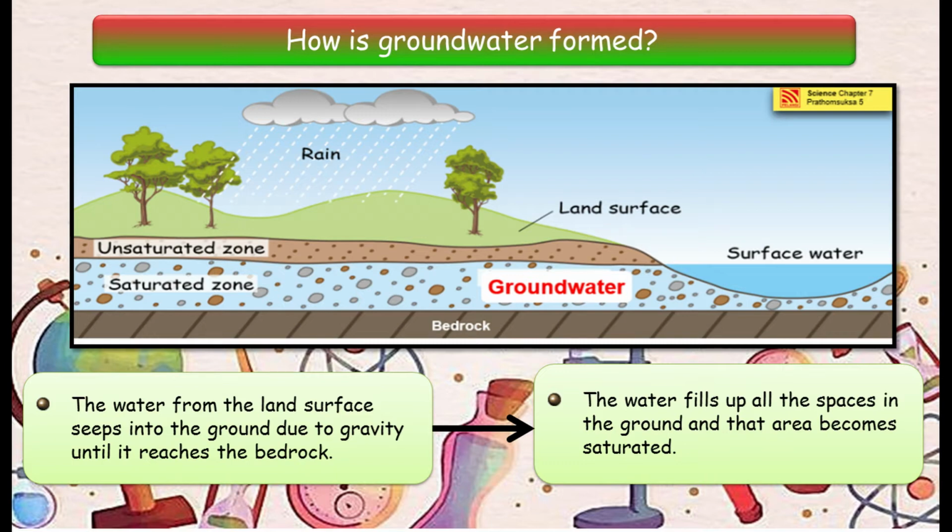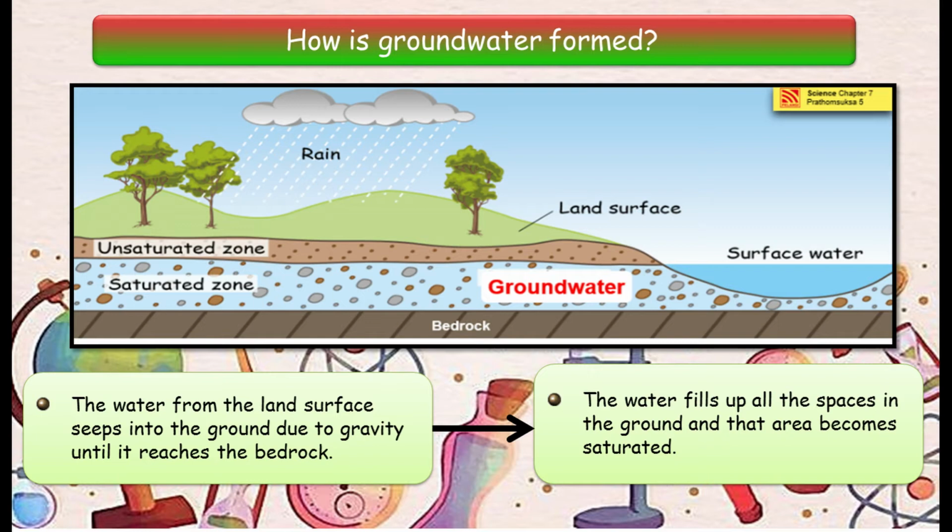The water moves into the ground until it reaches the bedrock that it cannot sink through. Slowly, the water fills up all the spaces and cracks in the ground, and that zone will become saturated. The water in the saturated zone of the ground is called groundwater or underground water.